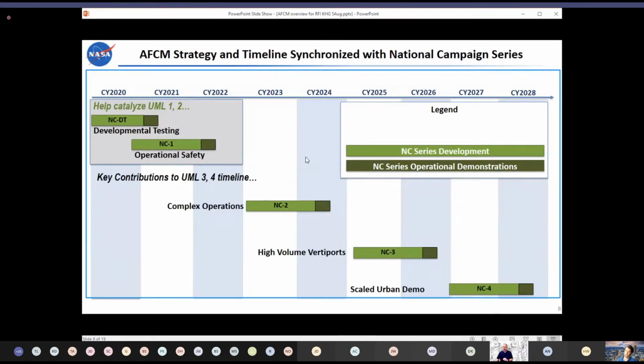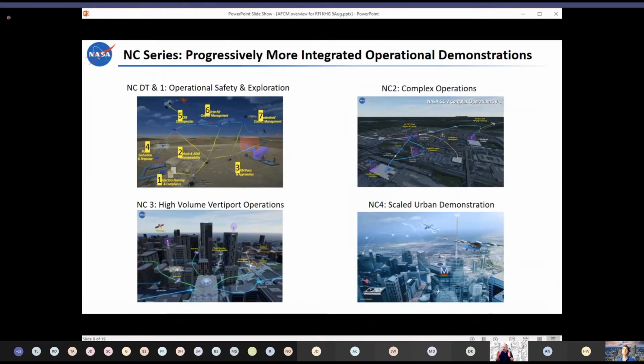The first activity, well, let me just briefly highlight these. NC1, which nominally is scheduled to occur in FY22 as sort of an exploratory activity, bringing the community together, both from a vehicle perspective and an airspace management perspective, and evaluating the ability to perform a set of baseline scenarios.